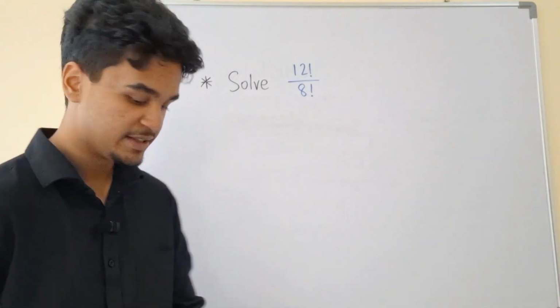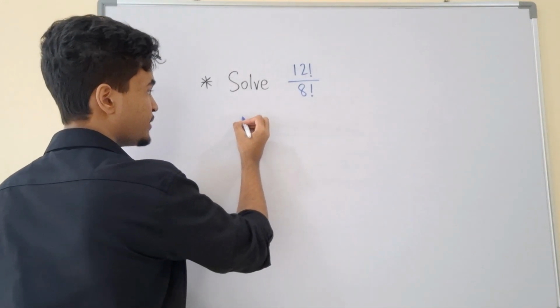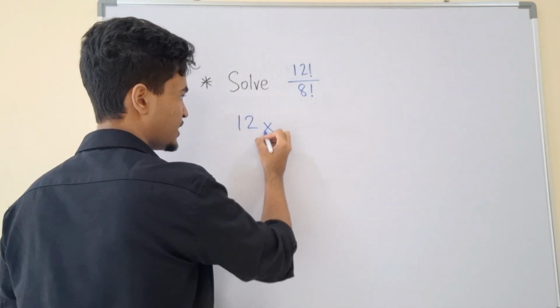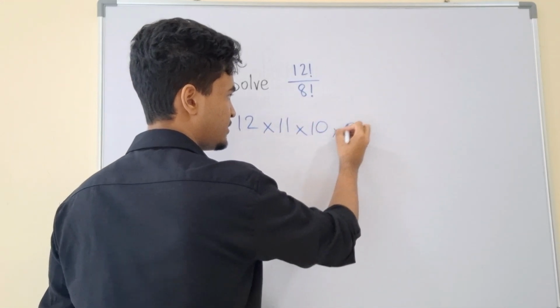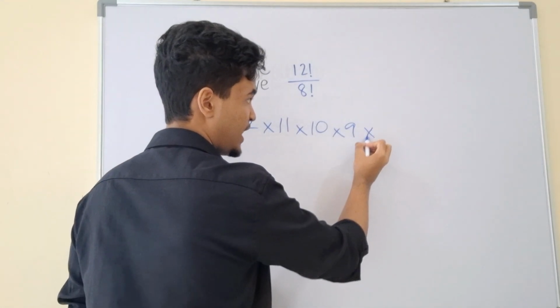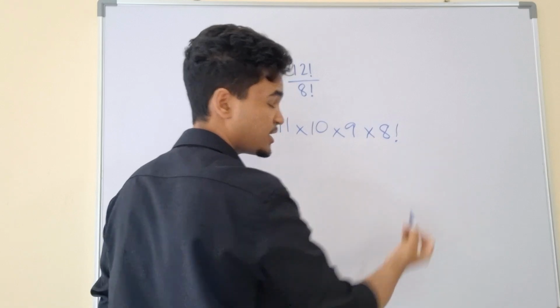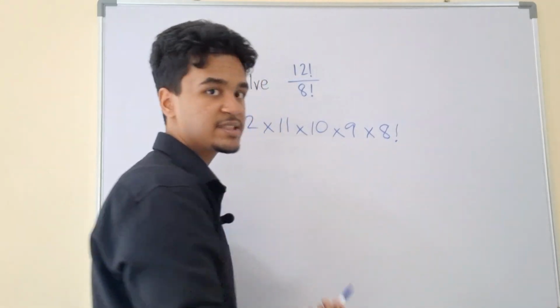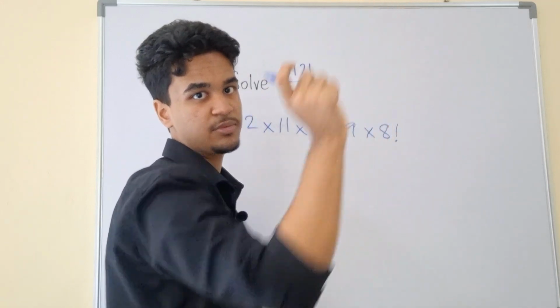So what you can do in this case is you don't need to write the whole thing. You can start writing 12 times 11 times 10 times 9, and once we reach 8, you can just make it 8 factorial, because you know 8 factorial is still going to continue to be 8 times 7 times 6 down to the number 1.